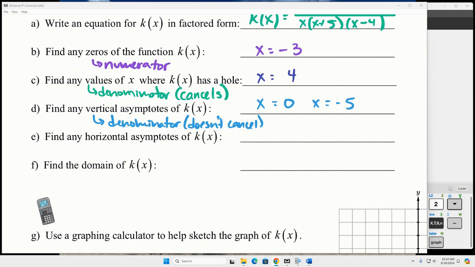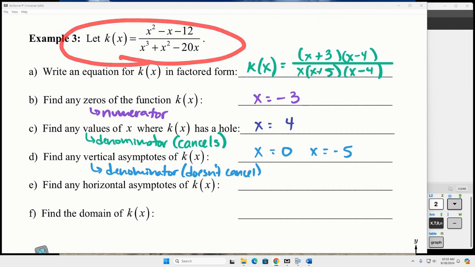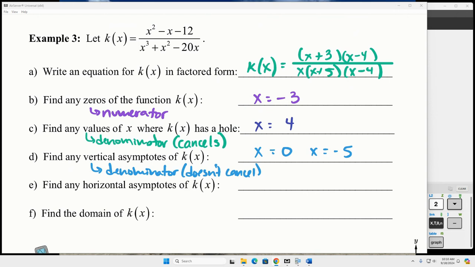When I do horizontal asymptotes, I always like to look at the unfactored version of the function because you need to know the leading term and the largest exponent. So when we're doing horizontal asymptote, I like to take a look back at this guy. And what are the only two terms that matter? x squared and x cubed. So the leading terms, all the other stuff doesn't matter for the horizontal asymptote.